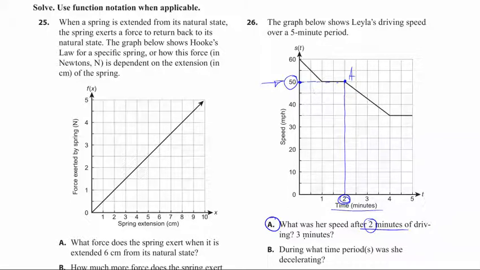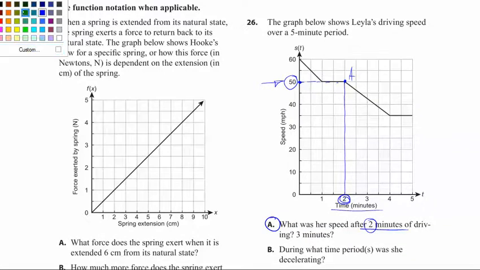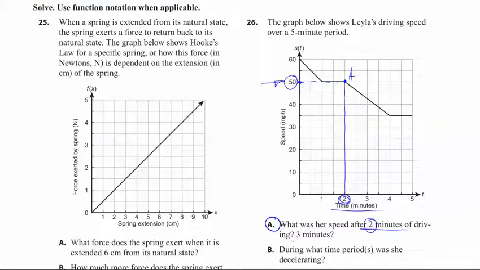How about after 3 minutes? And green will do it, right? After 3 minutes, same approach. I'm going to the point on the time axis, the x-axis in this case, with the value of 3. And from this point, I will construct a vertical line.